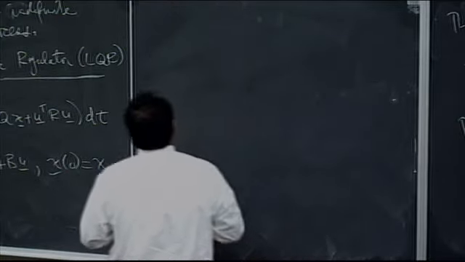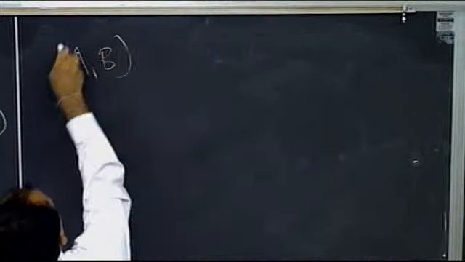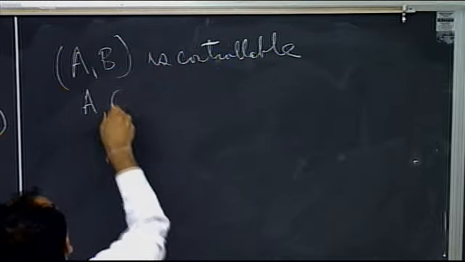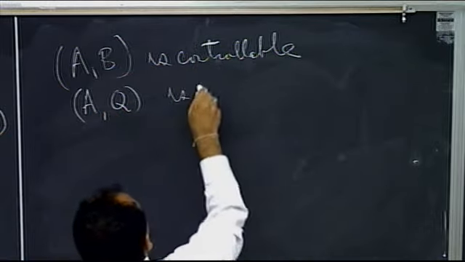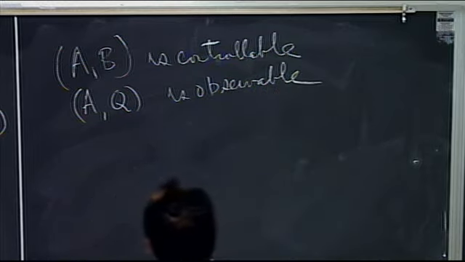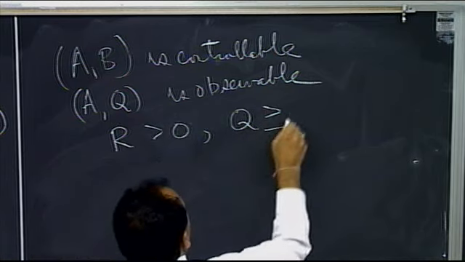First of all, the pair A, B is controllable. The pair A, Q is observable. R is positive definite, and Q is positive semi-definite.